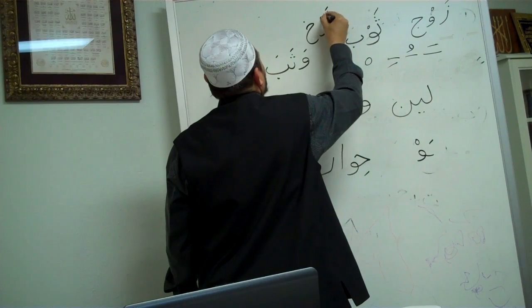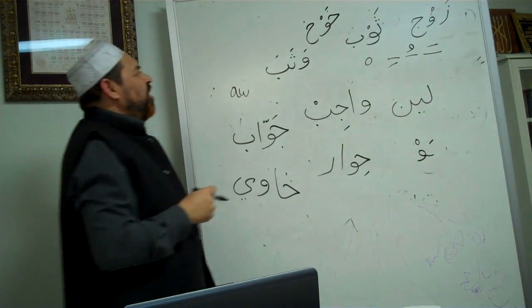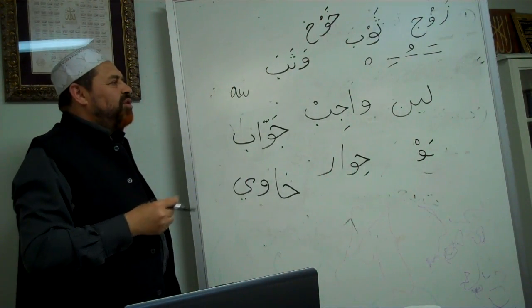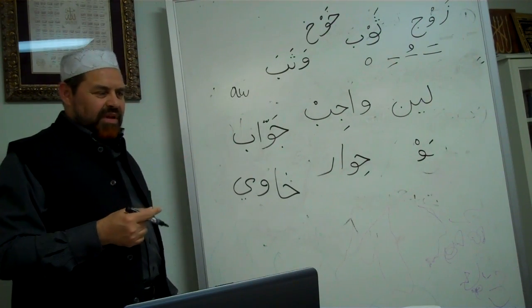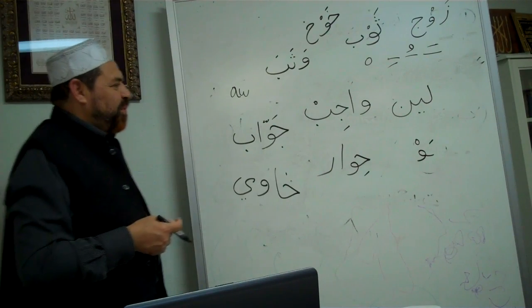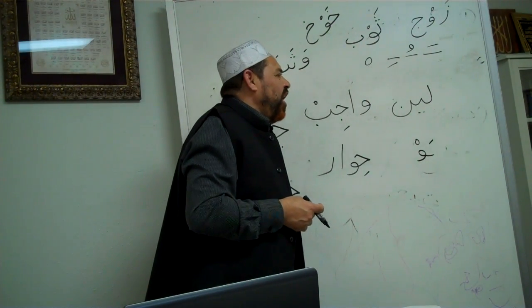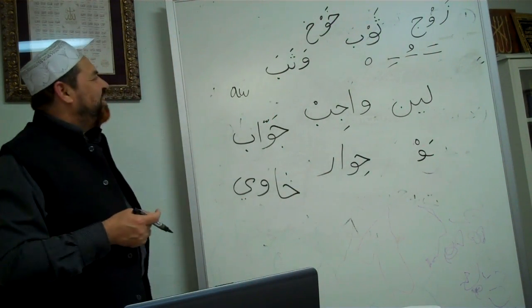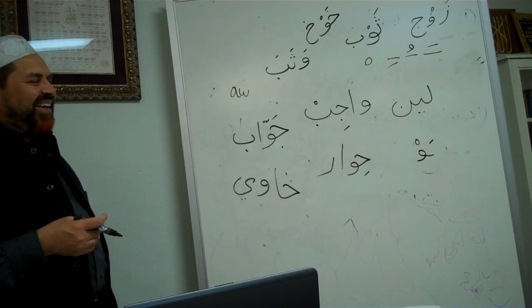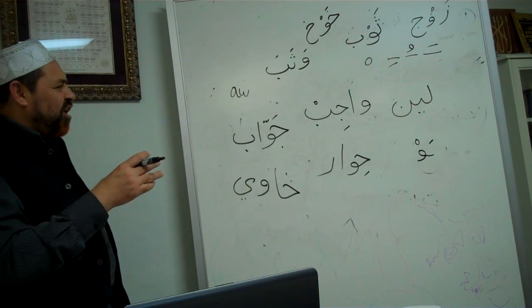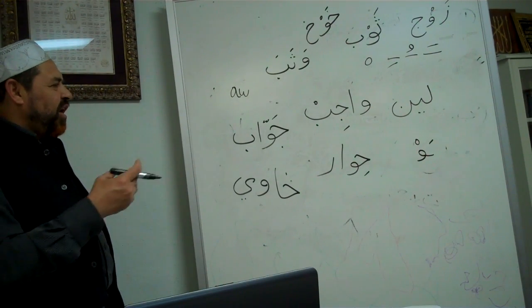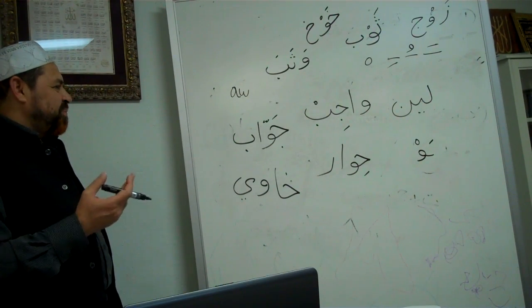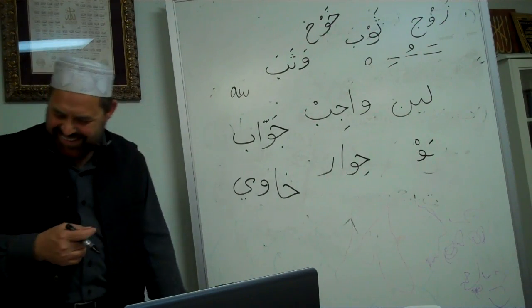Khawkh is plum or peach, a fruit. Peach is what? Durrak. But khawkh is more common, I think. In the book also they have translated khawkh as peach. I think that's a mistake.